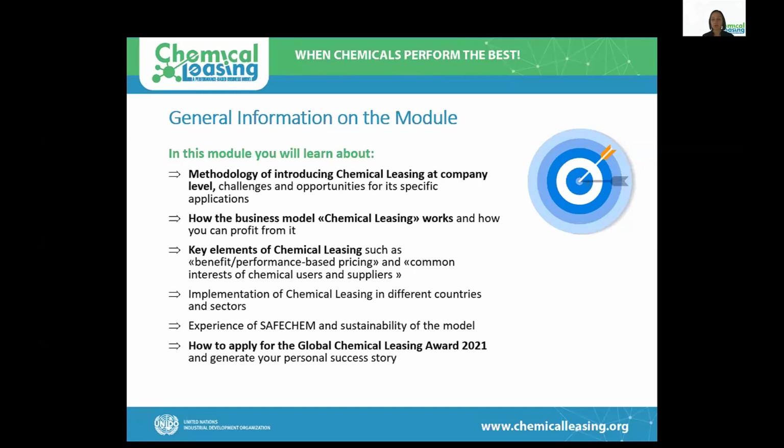Later on, Germany and Switzerland joined our programs, and we also have many supporters from the private sector, like the European Federation of Chemical Distributors and Enactus, which is a student organization. Countries like Serbia, El Salvador, Sri Lanka, and Peru have signed an international declaration on chemical leasing, in addition to our donors from Switzerland, Austria, and Germany.